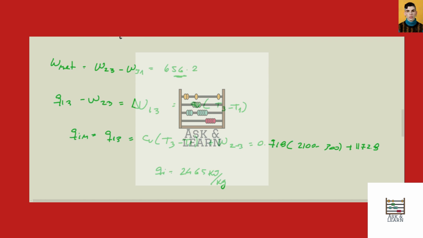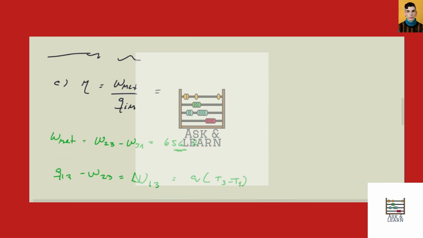Therefore, we can finally calculate the thermal efficiency of this cycle, which is going to be 656.2 divided by 2465, which gives us 0.266, or if we want, 26.6%. And that's the final answer to this problem.